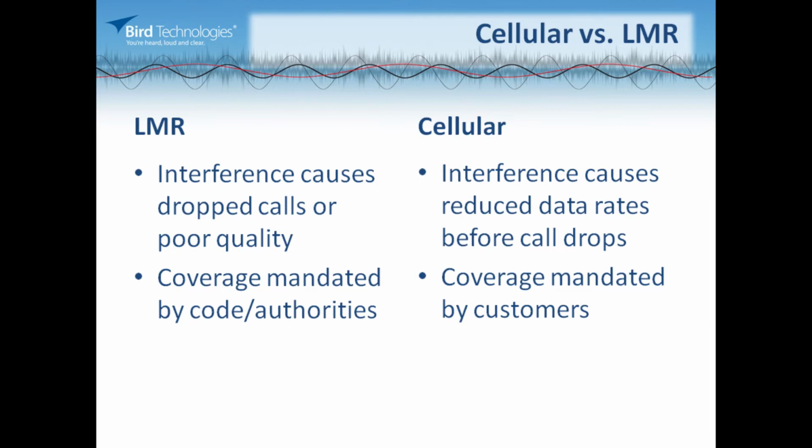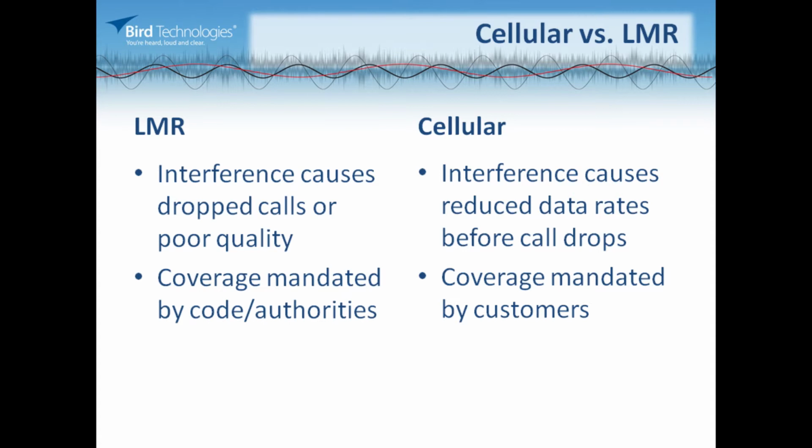A couple more slides on some of the differences between LMR and cellular systems. In LMR, interference causes a dropped call or poor quality. On cellular, because of the multiple modulation formats, interference causes a reduced data rate, and then, if it continues, it'll actually drop the call.